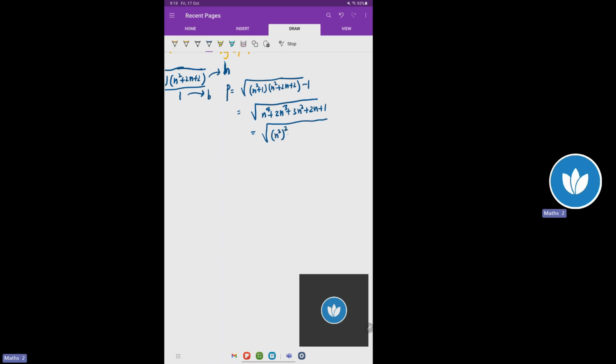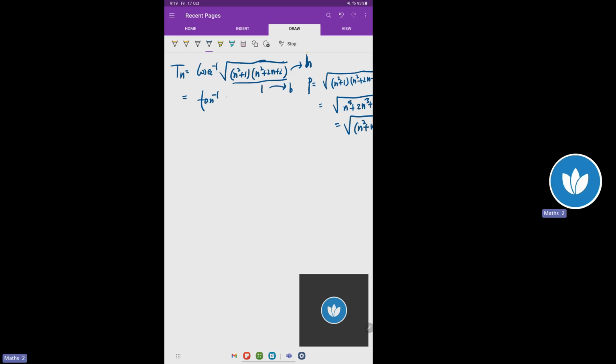You can observe this very easily. What is this thing? This is nothing but expansion of n square plus n plus 1 whole square. So this is n square plus n plus 1 actually.